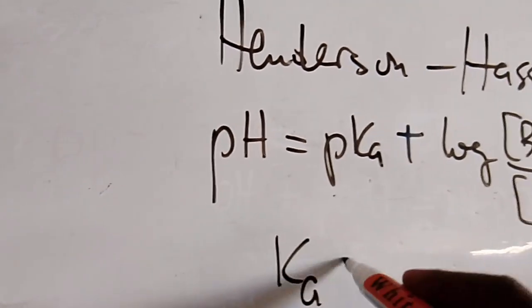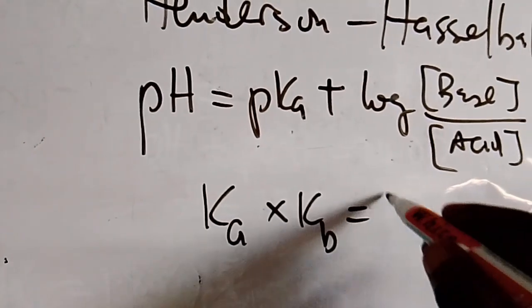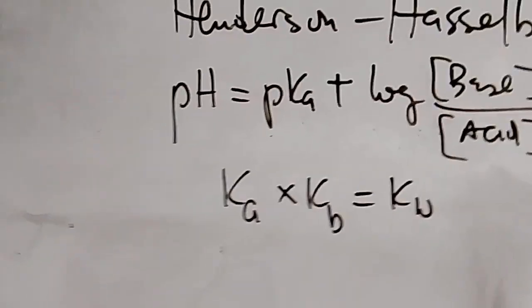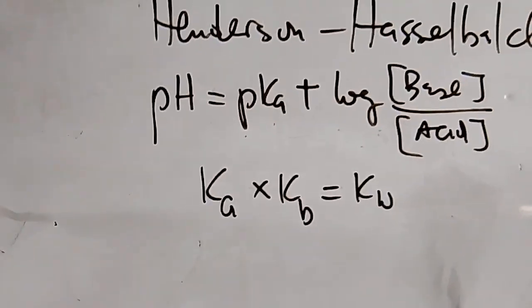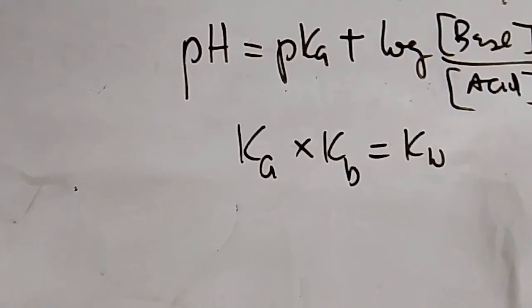So Ka times Kb is equal to Kw. This is the equation. Okay, so Kw, we know the value of Kw, that is 1.0 times 10 to the power negative 14.